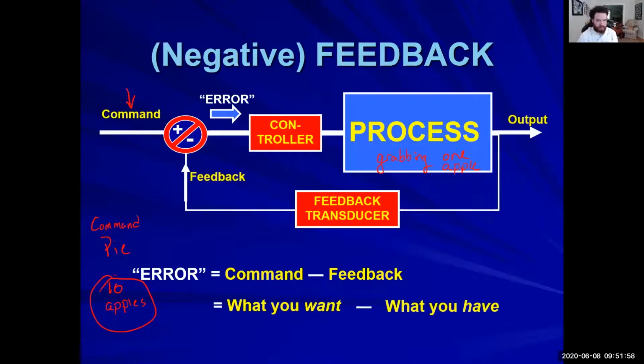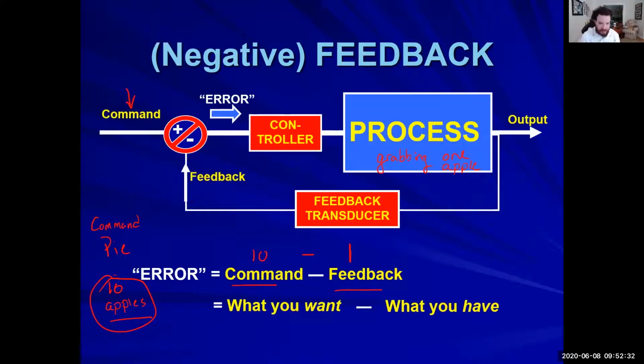So your process is grabbing one apple at that point. You now have your command, which is what you ultimately want. Your feedback is what is out on the opposite side of your output. If your command is 10 apples, your first time going into it, you have picked up one apple.